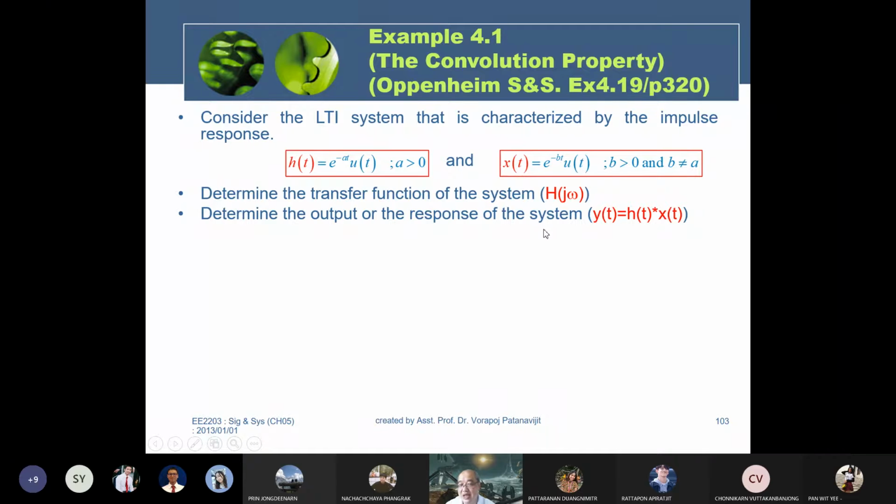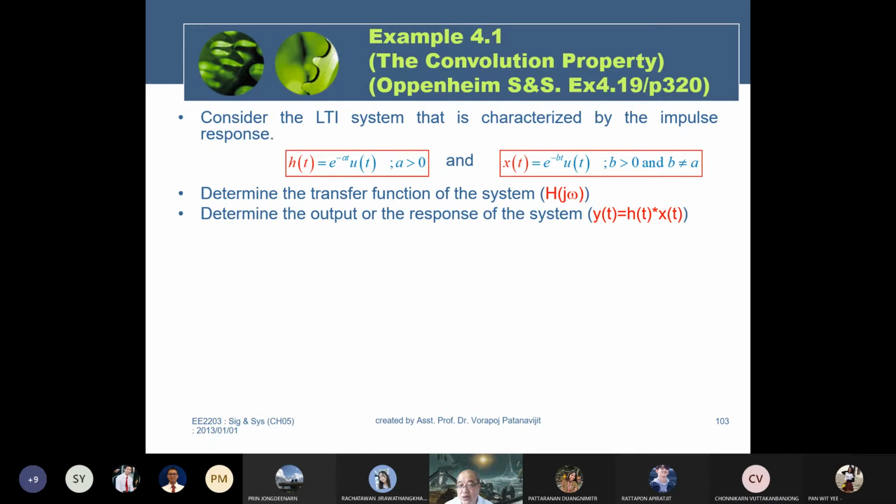You can see that both signals are decaying exponentials. Therefore, it's almost impossible to determine the convolution in the time domain. Both functions are very difficult: you fix one of them, flip the other one, find the intersection, and integrate them. It's not easy. Therefore, there is an alternative, easier way to compute them.